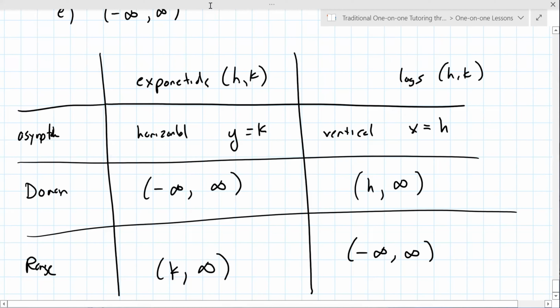So this attempts to summarize the graphs. If you're not sure what the graph looks like, you should graph it in your calculator. Maybe graph it, clear it out, graph it again, or come back later and check to see if it looks the same. That way, you're really confident with it.